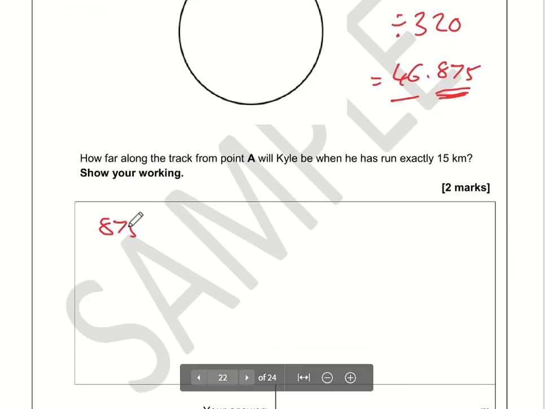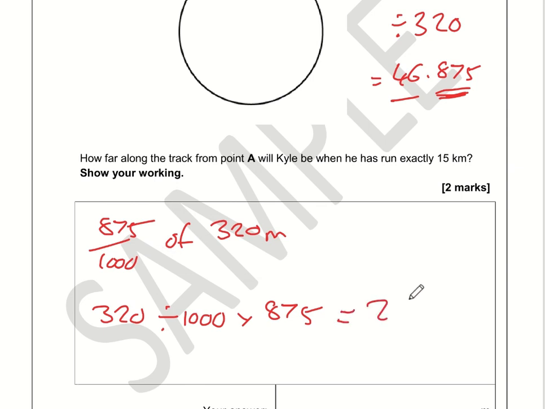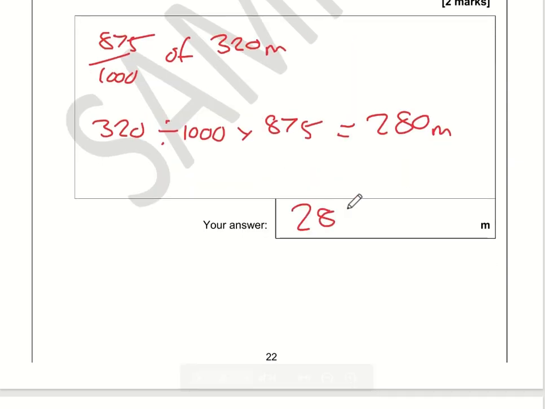Here we're calculating a fraction of an amount. So we take our total, we divide it by the number on the bottom, and then we multiply by the number on the top. And it doesn't matter if you use 875 over 1,000 or 7/8, we'll get exactly the same answer, and that is 280 metres. So it'll be 280 metres of the way round on that final partial lap.